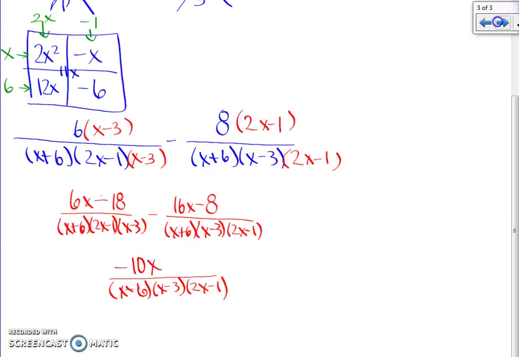Negative 10. Then what? Minus 10. Okay, because if we have negative 18 minus negative 8, that's really negative 18 plus 8, which is negative 10. Questions there?